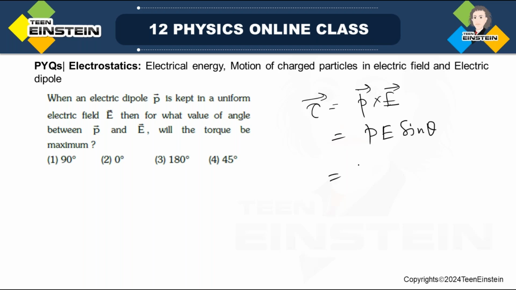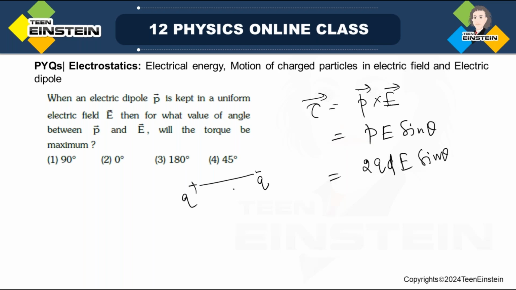Now P means, suppose the positive and negative charges are separated by 2d. So it is 2 into Q into d E sine theta.